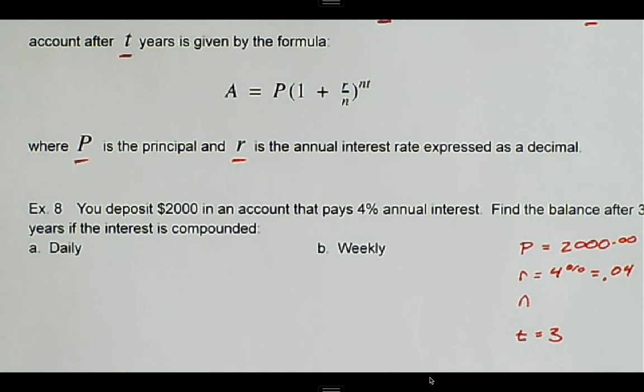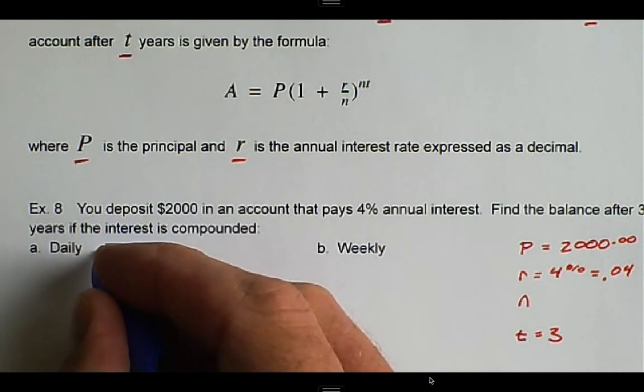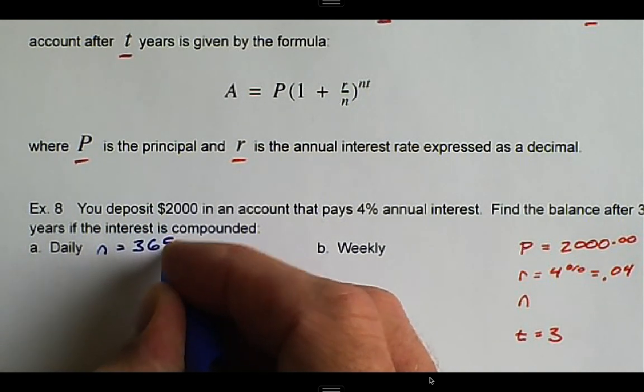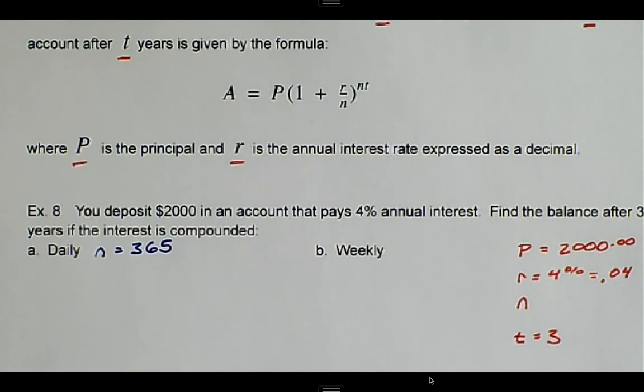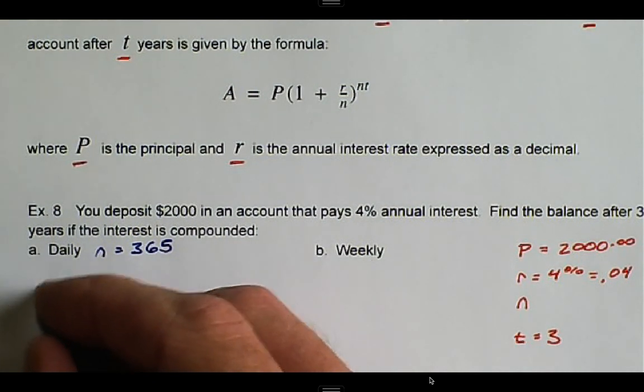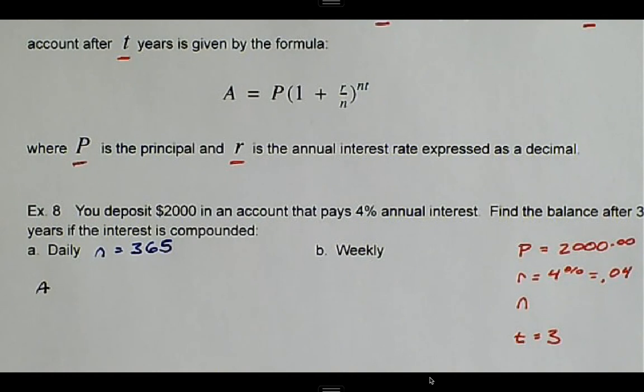So daily, in that case, N is 365. When we plug that into the formula, we're trying to calculate A, or the amount that we have.